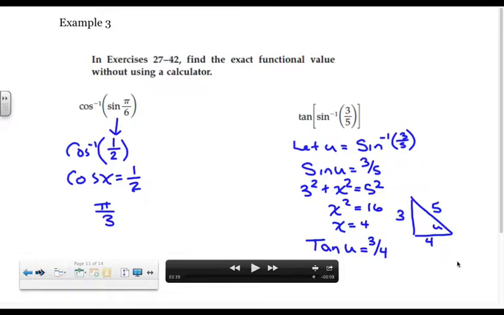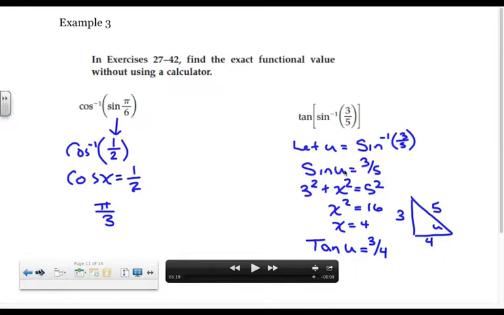Now, again, this is a really weird one, and I want you to realize that this is very different. So let's talk through this one more time to see what I did. The very first thing I did was I said, we're going to let this whole thing equal u. So I said sine u equals 3/5, and I have this triangle now, where I know that 5 is the hypotenuse, because SOHCAHTOA says sine is opposite over hypotenuse.